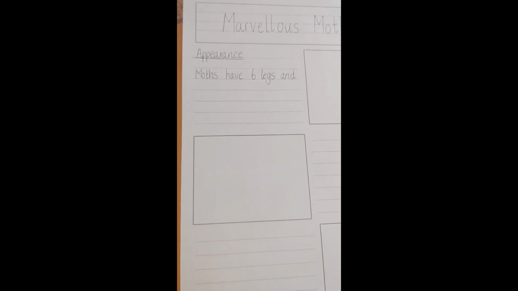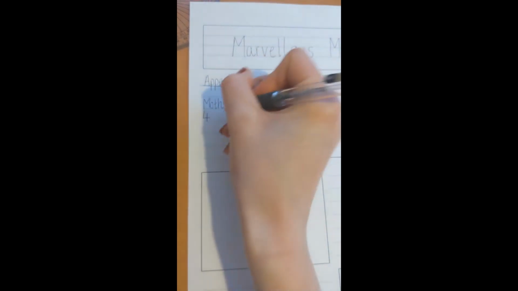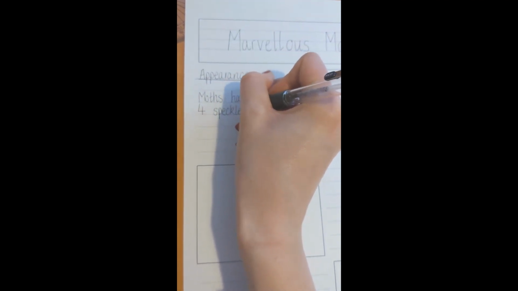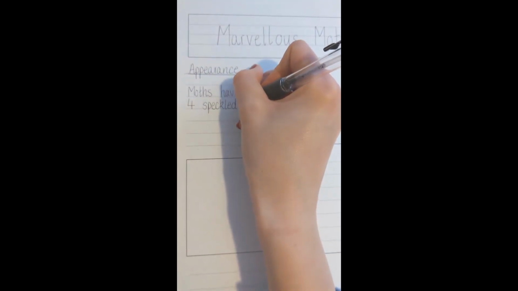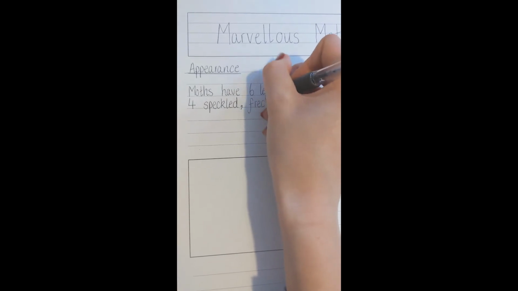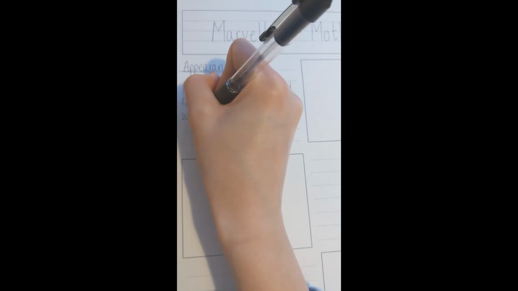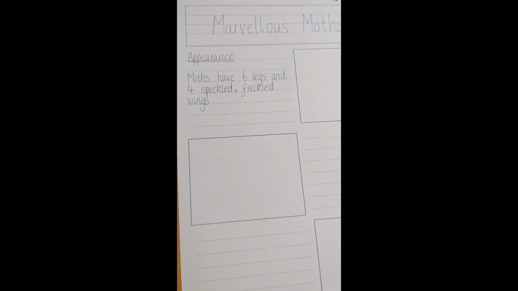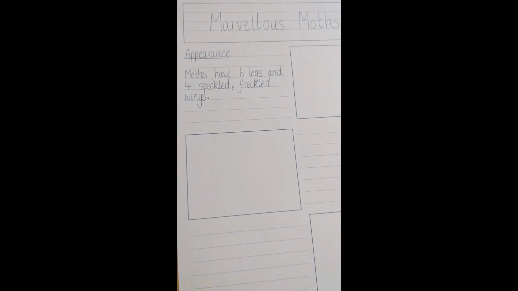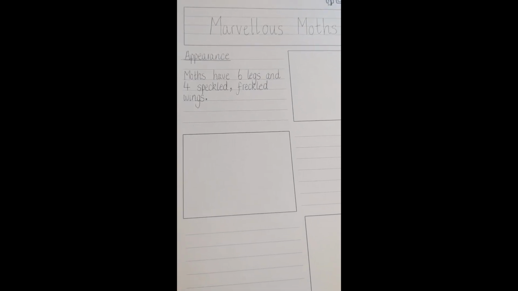I'm going to say 4 speckled, freckled wings. Speckled, with my ed ending. I'm separating my adjectives with a comma. Freckled wings. And what do I need at the end of my sentence? A full stop. Excellent. I'm going to pause you here and then I'll show you the rest of my paragraph.